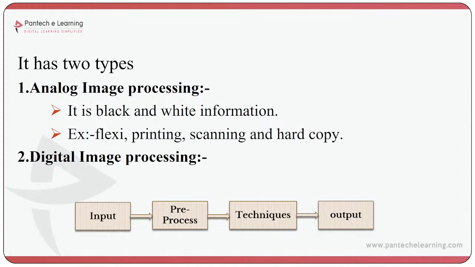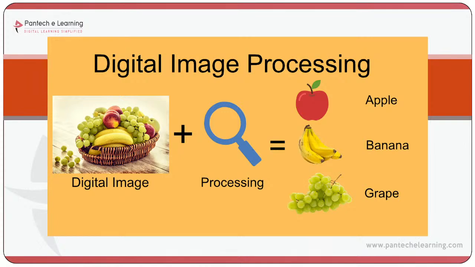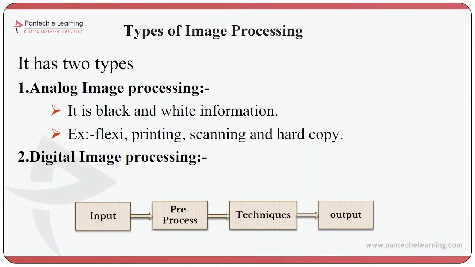I already told you there are two types of image: one is the analog image and the second is the digital image. What does analog image mean? We capture the picture, and while capturing it, it is analog.